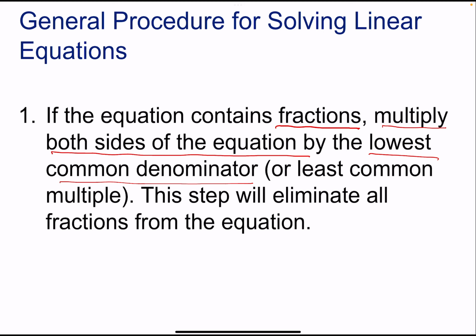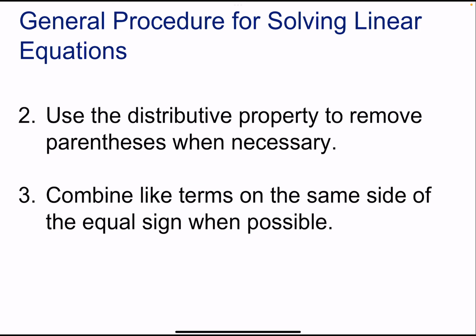So the idea is to eliminate fractions. Typically you need to remove parentheses. To do that, you will apply the distributive property, and a lot of times you need to combine like terms.